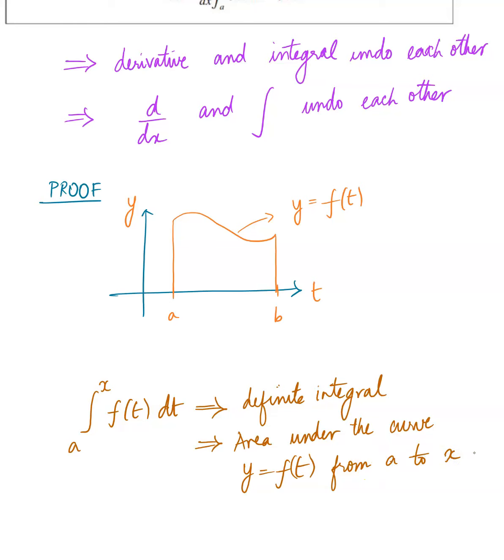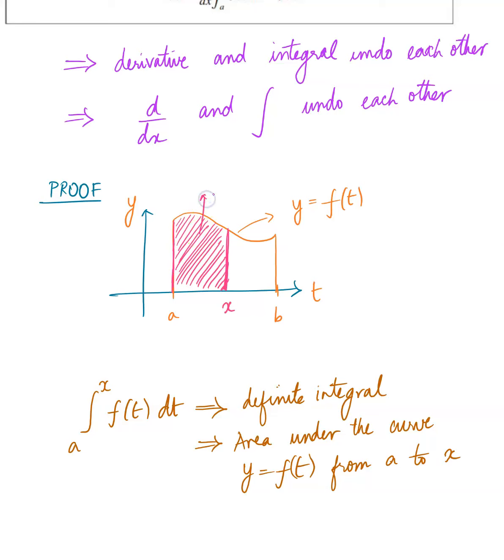Therefore, when I come back to my graph, I start at a, and x is somewhere in between, not exactly in the middle, but somewhere before b, because the whole focus is between a and b. And so this is the area under the curve, isn't it?